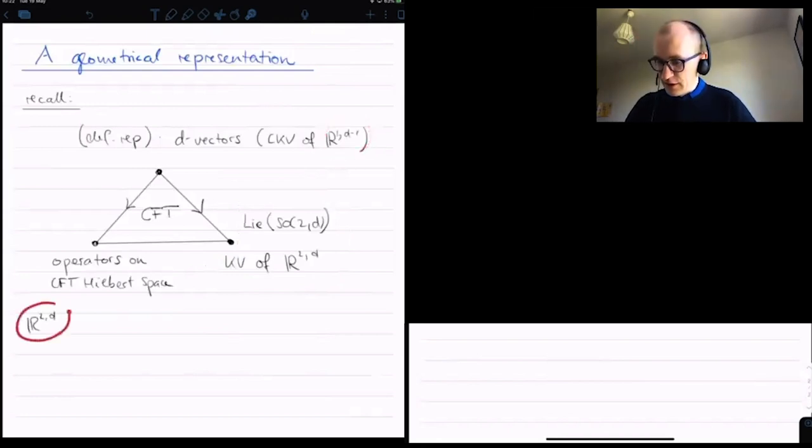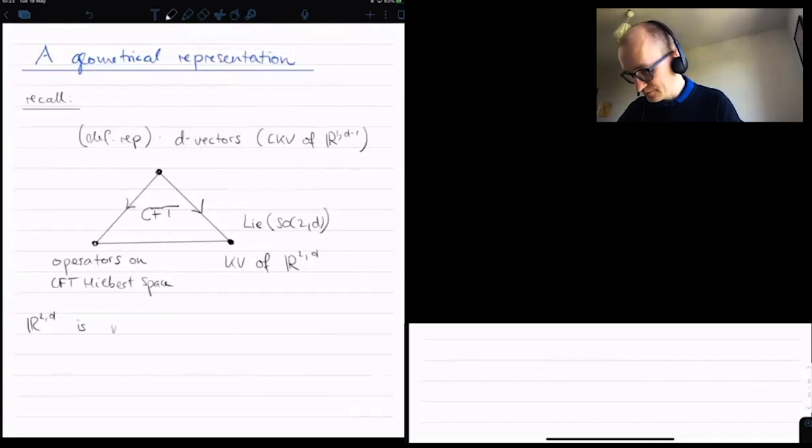So this is an object that is not so different, okay? And in fact, it is just like R^{1,d-1}. It is maximally symmetric.